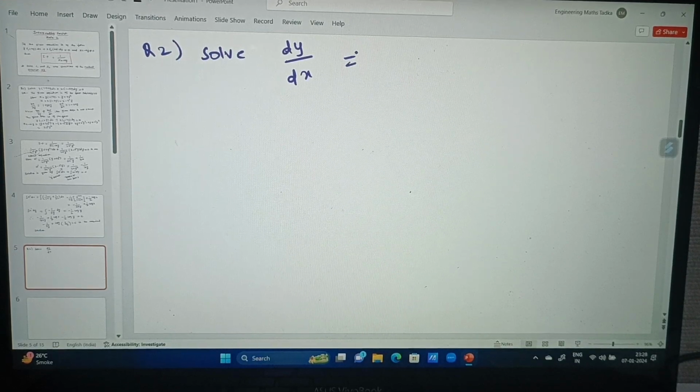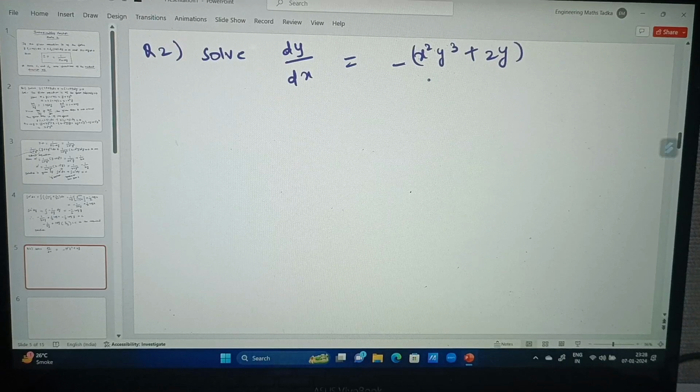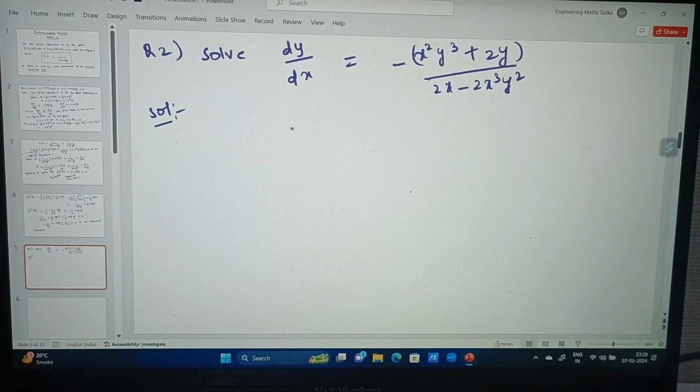Solve dy by dx is equal to minus x square y cube plus 2y upon x minus 2x cube into y square. नाउ ज़रूरी नहीं है कि हमेशा डिफरेंशियल इक्वेशन जो दिया रहता है वो डायरेक्टली M dx plus N dy is equal to zero के फॉर्म में दिखाई देता है. Okay, if you observe this particular example, directly it is not given in the form M dx plus N dy is equal to 0, but you need to make it in that particular form.